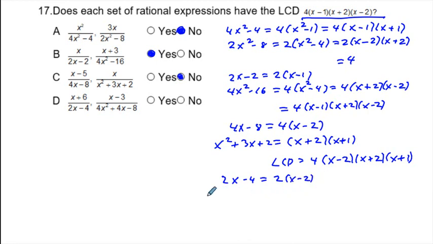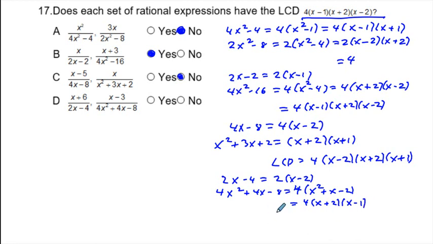And then we have this one here, 4x squared plus 4x minus 8 is going to be equal to 4 times quantity x squared plus x minus 2, which is going to be equal to 4 times x plus 2, x minus 1.